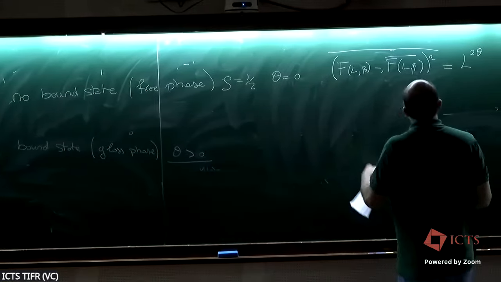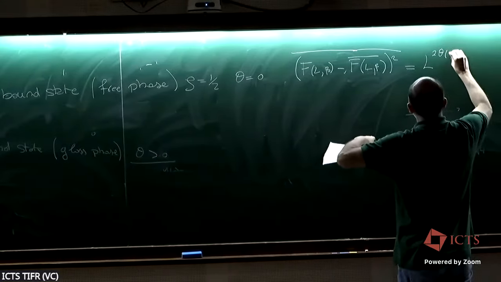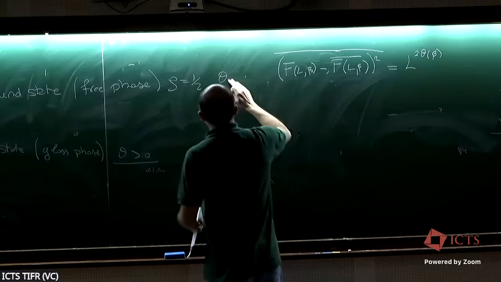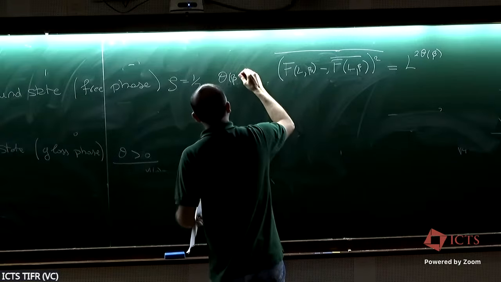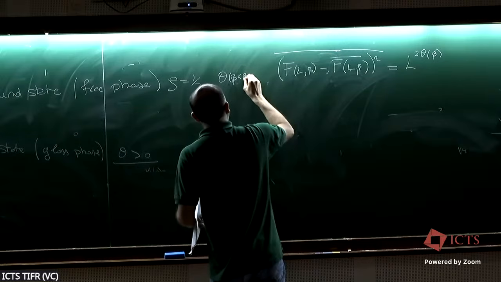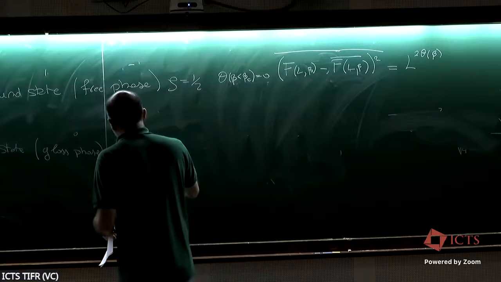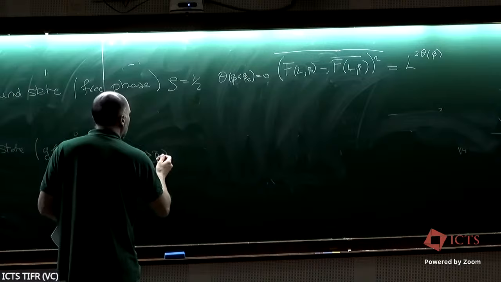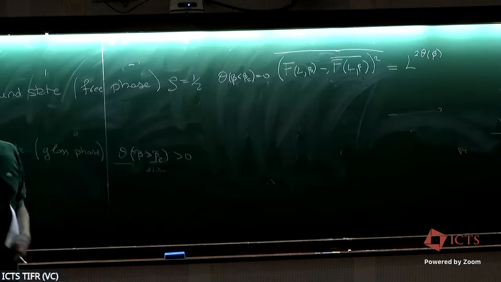And this is true at any temperature, but actually depends on beta. In the high temperature phase, for beta smaller than beta C, it will be 0. And for beta bigger than beta C, it will be positive. This is measured numerically, if you want.